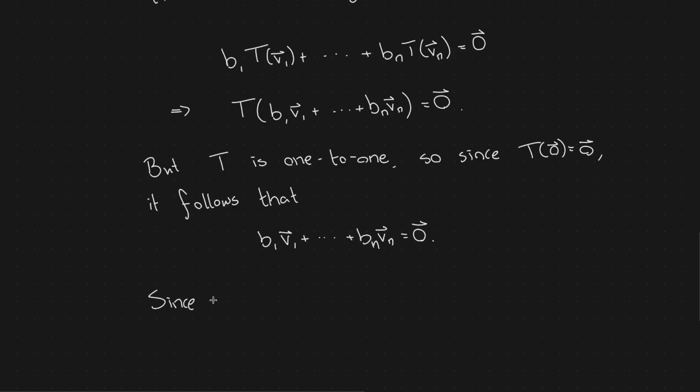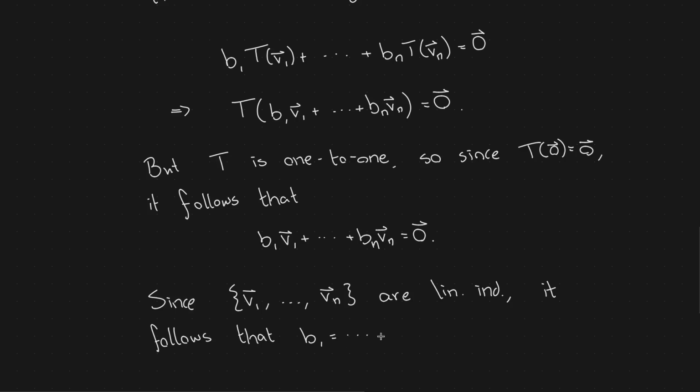So since the vectors v1 to vn are linearly independent, it follows that all the b's must be equal to 0, right?